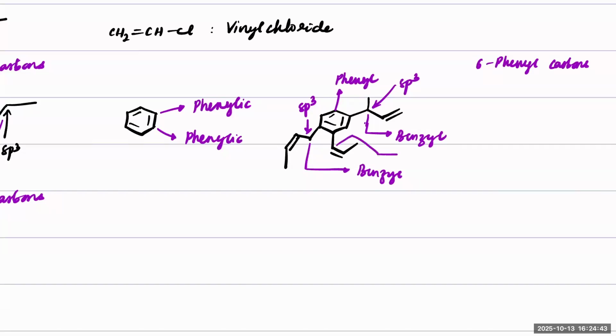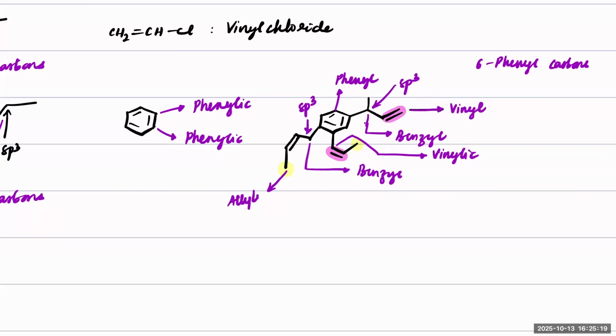So this is a vinylic carbon. And the last ones which I'm marking here, these two would automatically become allyl. So this is an allyl carbon. And obviously the double bonded carbons wherever you had them, you can see double bonded carbons here as well as here. That will automatically become vinyl.